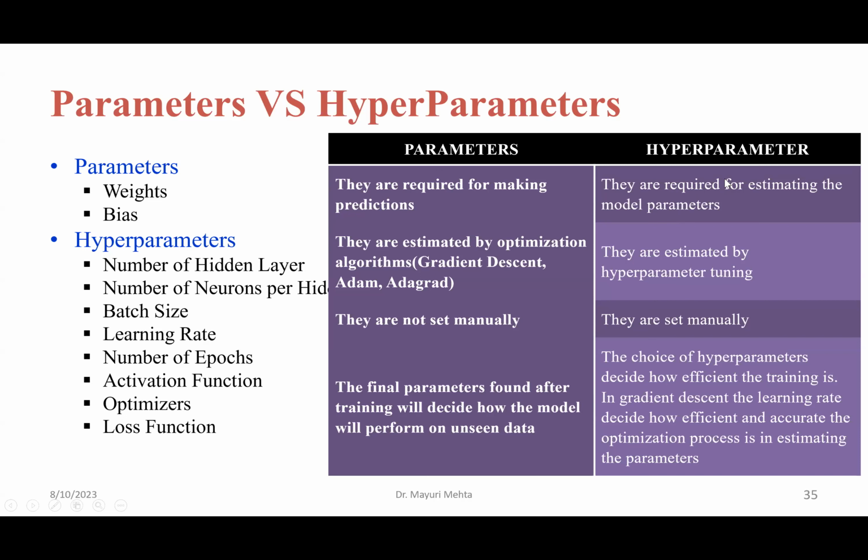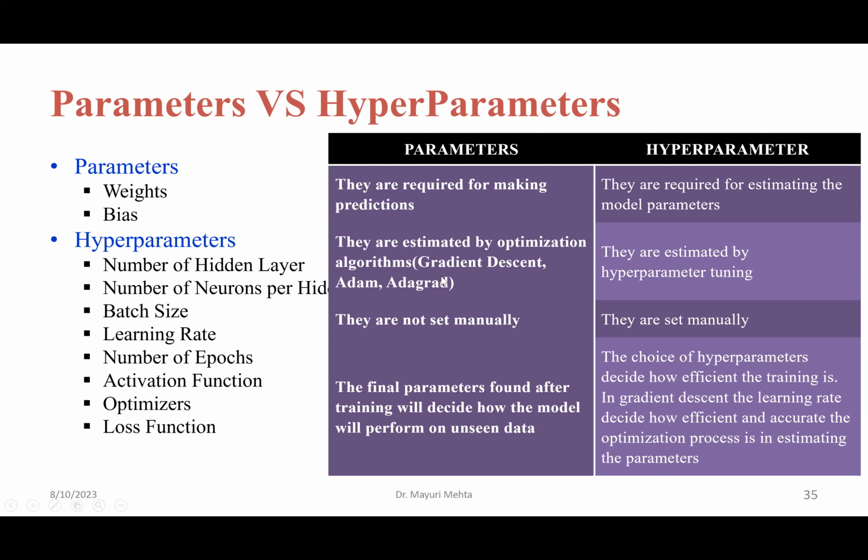So hyperparameters are required when we want to estimate these two model parameters. And these parameters are required when we want to make actual predictions, when we actually use that trained neural network in our real life sector. So once we train the neural network, we deploy it for our application. So when we use it in our application, it is used to make the predictions.